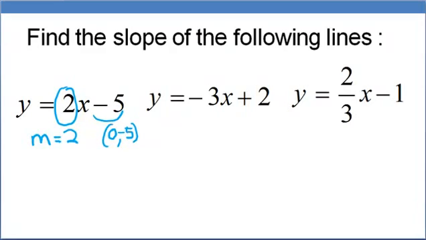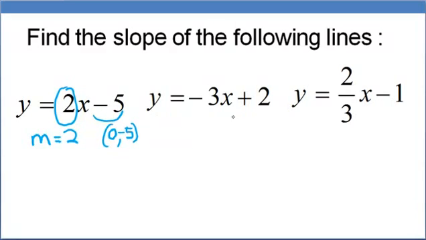There's a very easy way to graph lines that we'll look at later, which uses a slope and one point. So if we are able to pick off that much information easily, then that is the best way to graph the line. So we'll come back to that idea, but practice picking off the slope and y-intercept on the others.